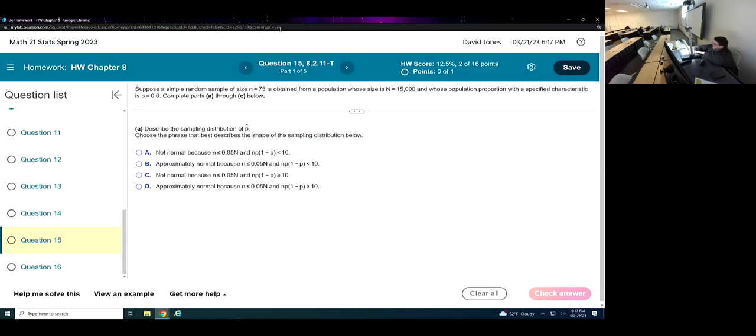They're just being lazy. They're not even going to tell us what the problem's about. They're just saying it has a proportion of this. And it says, describe the sampling distribution.